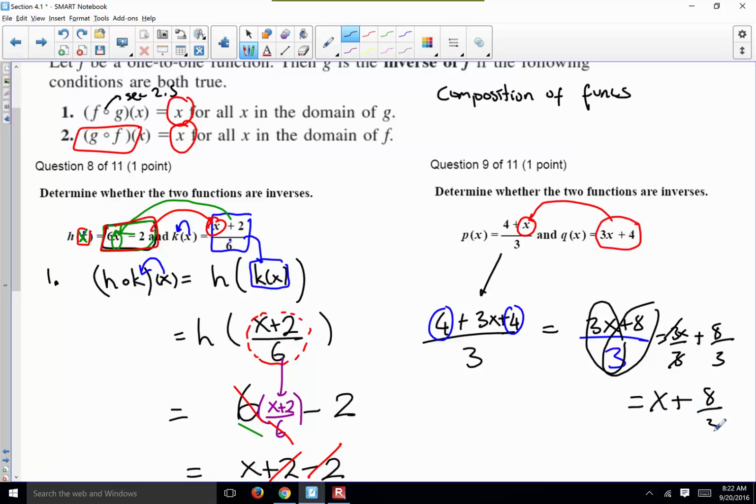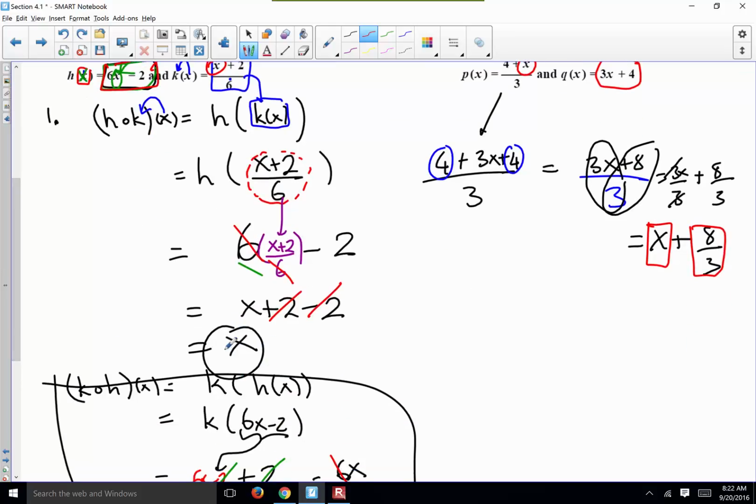What am I left with? Unfortunately, the result is not only x, but also something else. You didn't get only x like the left side, so not inverses. Okay? You don't have to test the other side. If one of them fails, you don't have to test the other side.